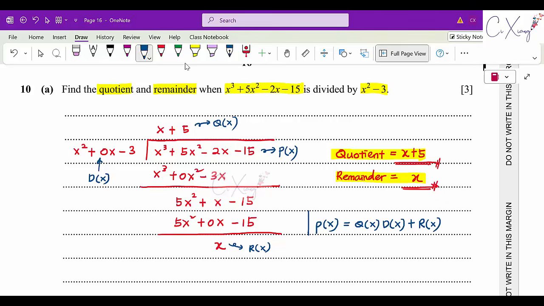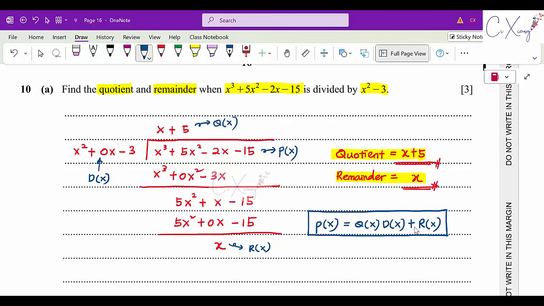Some students might use the comparison method to get the quotient and remainder, and that also works. But this is the general equation for how we get the polynomial from the quotient, divisor, and remainder. We are going to use this also in the next part.